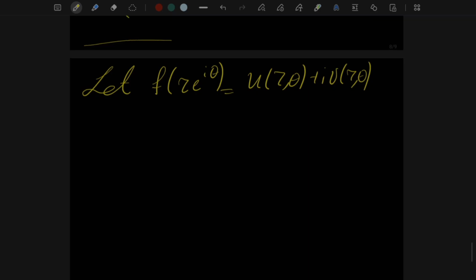Now when we take the derivative by r, only e to the i theta goes down on the left side, and on the right side we have the same stuff.